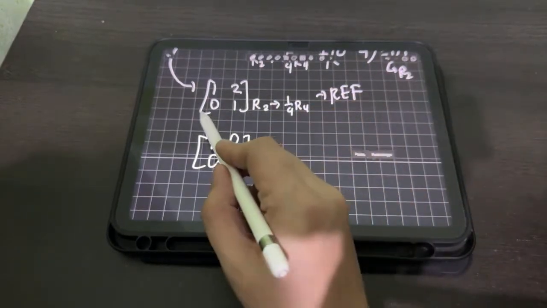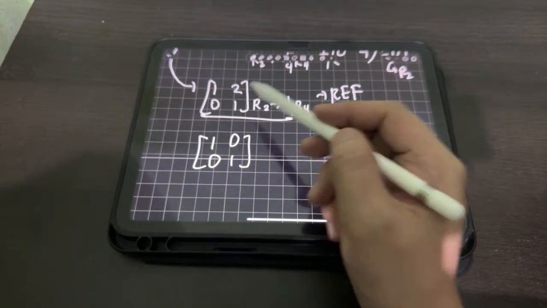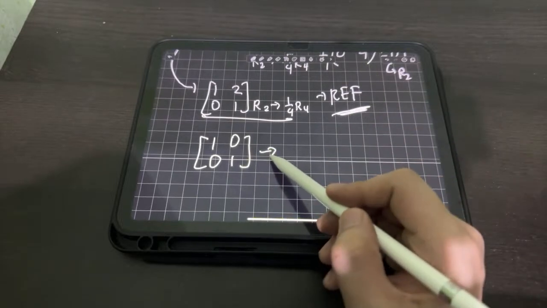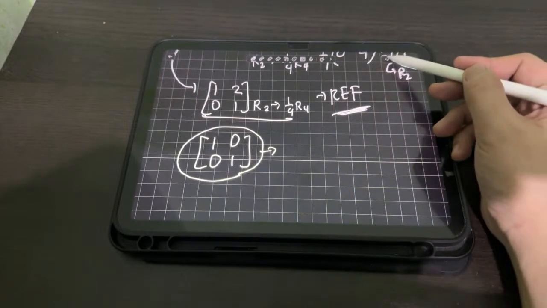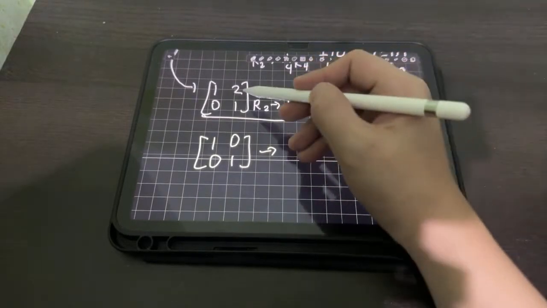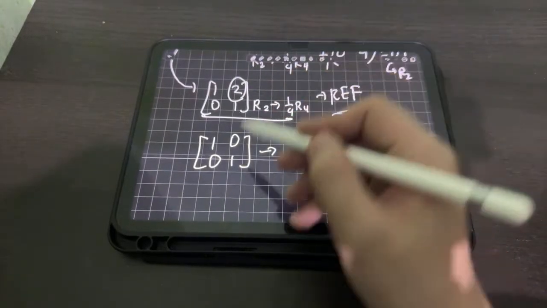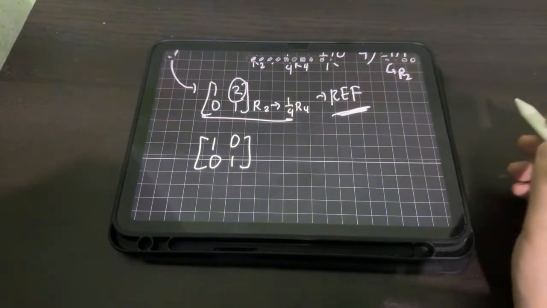So from what we have so far, we tried to reduce this 1, 2, 0, 1 matrix, the REF form, into its reduced row echelon form, which is this one. So what we need to change is just this entry, right? Instead of 2, it should become 0. So we can apply elementary row operations again.